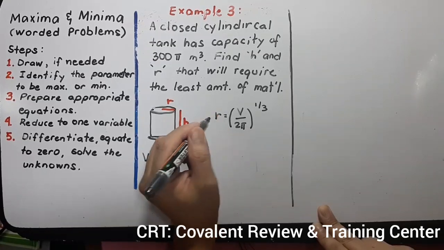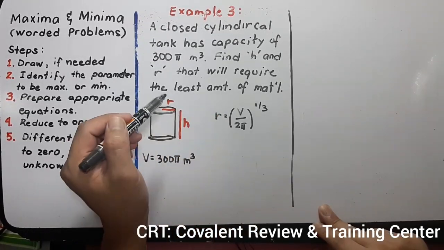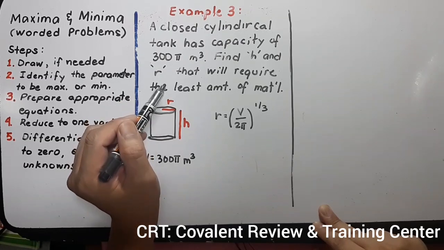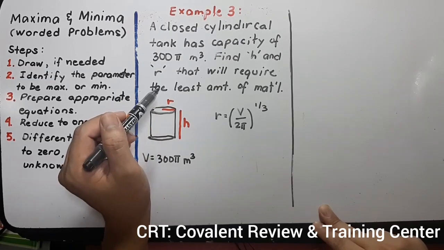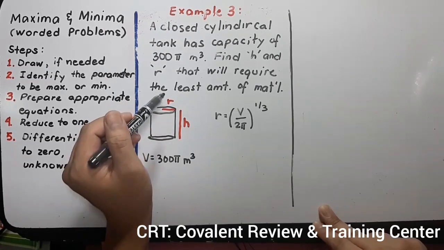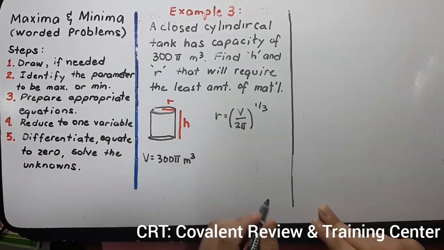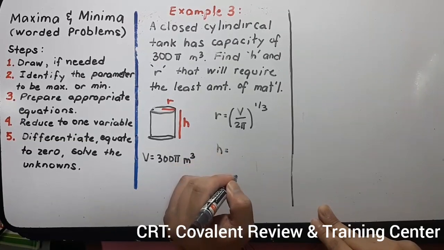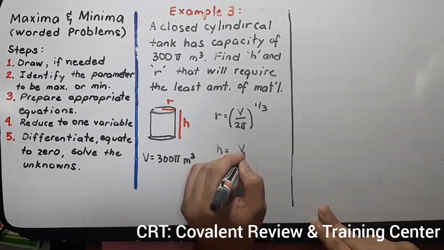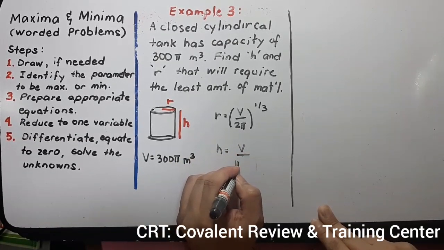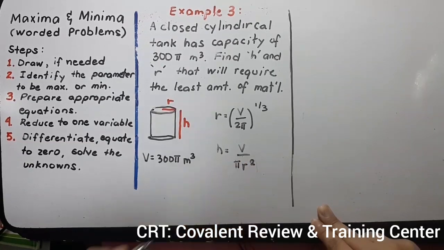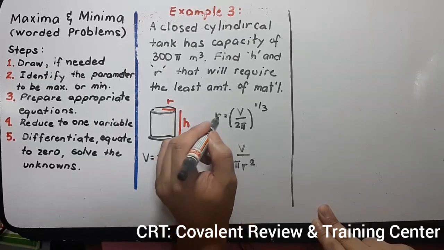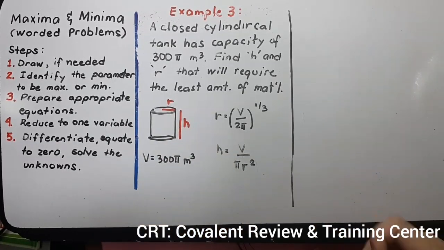So this shortcut is applicable in finding the radius and height of a cylindrical tank that will require the least amount of material with known capacity or volume. Then to solve for h, this is equivalent to volume over pi r squared, wherein r is from this equation.